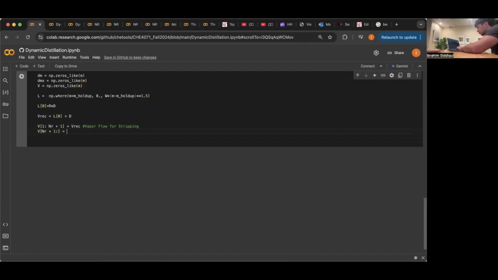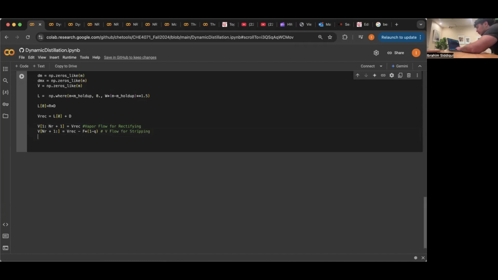And this is going to be equal to VREC, but because we're working on our stripping, this is going to be subtracted by our feed, multiplied by our 1 minus our quality. So that's going to be our stripping. So we can go ahead and write something down for that. So, sorry, this is for our rectifying, messed that up. And then this will be for our stripping, vapor flow for stripping.